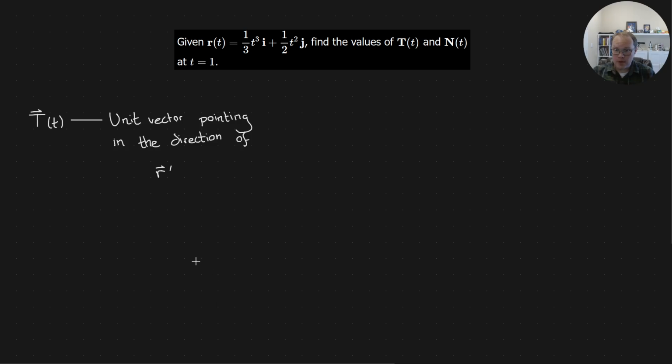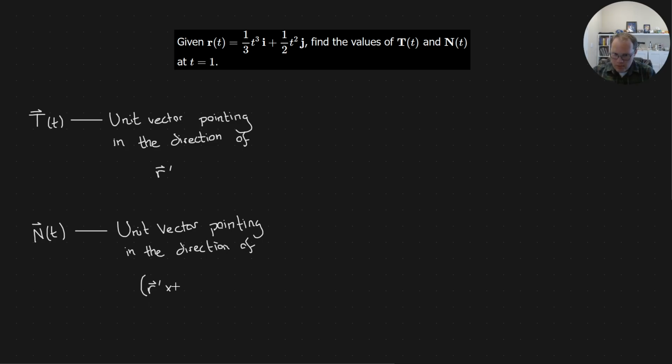The unit normal vector is the unit vector pointing in the direction of r prime cross r double prime cross r prime.